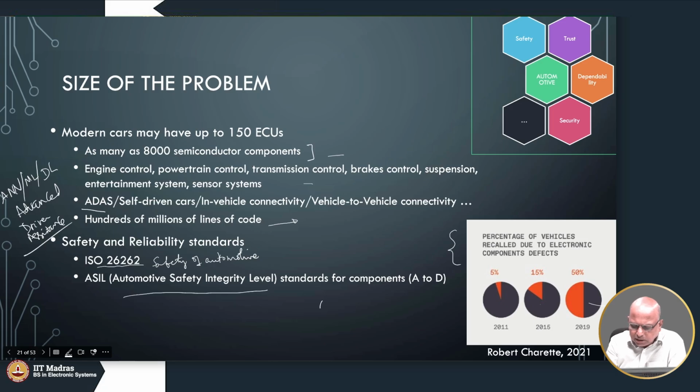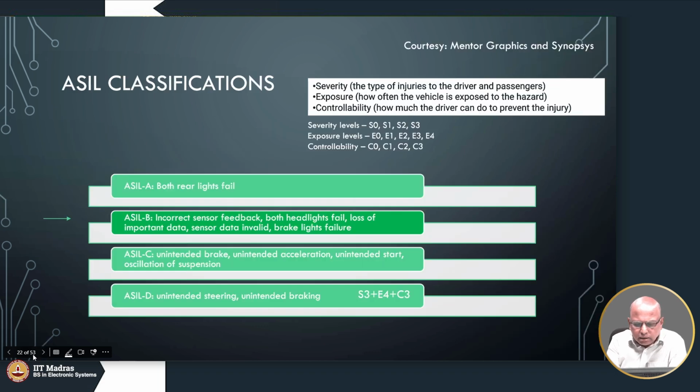Right, and there are 4 levels: ASIL A, ASIL B, ASIL C, and ASIL D. So there is a concept of severity, meaning what danger is it going to cause, what injuries it might cause to people.